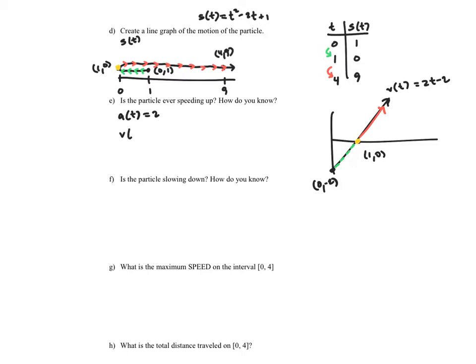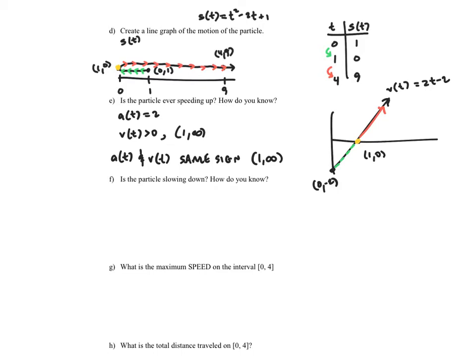So v of t is greater than 0, we said, on the interval from 1 to infinity. Therefore, acceleration and velocity, a of t and v of t, are both the same sign on the interval from 1 to infinity. So the particle's speeding up from 1 to infinity.